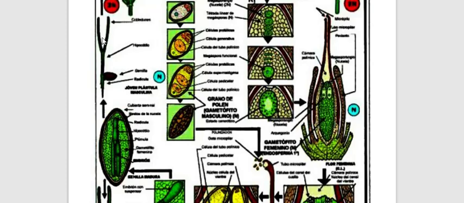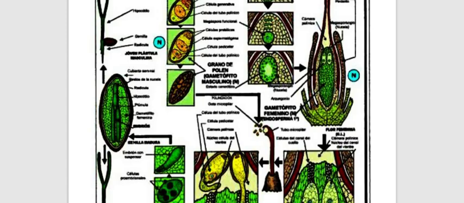foliage leaves of the Ephedra sporophyte plants are produced, and in this way the life cycle of the Ephedra plant is completed, and the sporophytic phase alternates with the gametophyte phase.